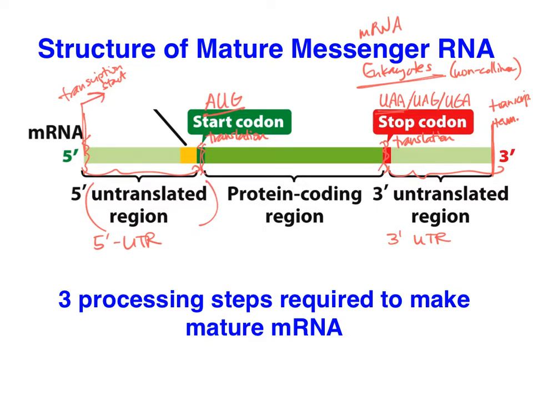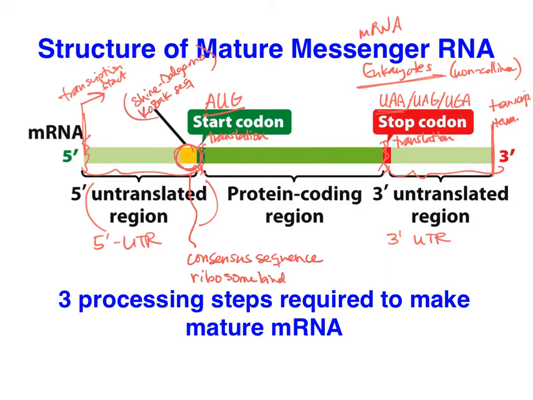The last thing I'd like to point out is this yellow region here. This is referred to as the Shine-Dalgarno or Kozak sequence. This is a consensus sequence. I'm just going to draw it down here. And as we'll talk more about during the process of translation, this is where the ribosome binds to start translation.